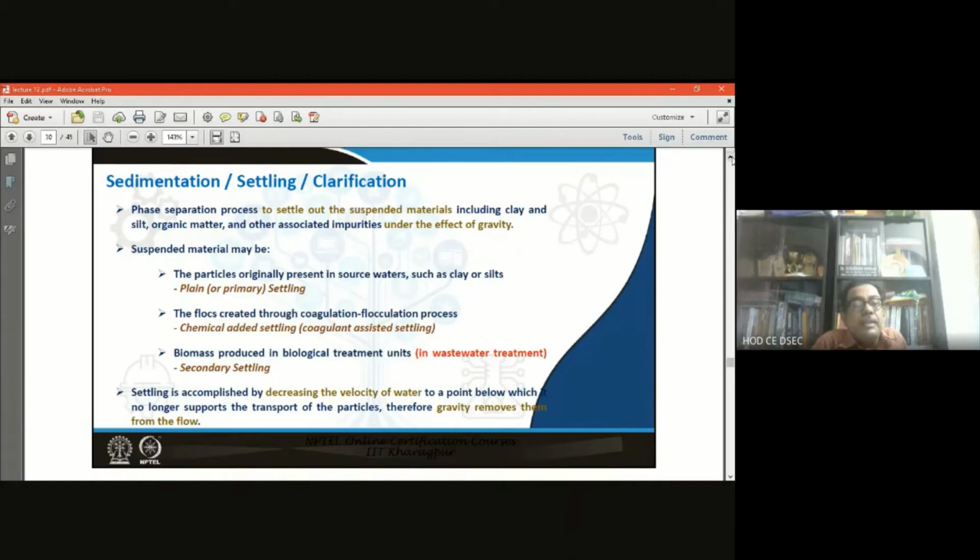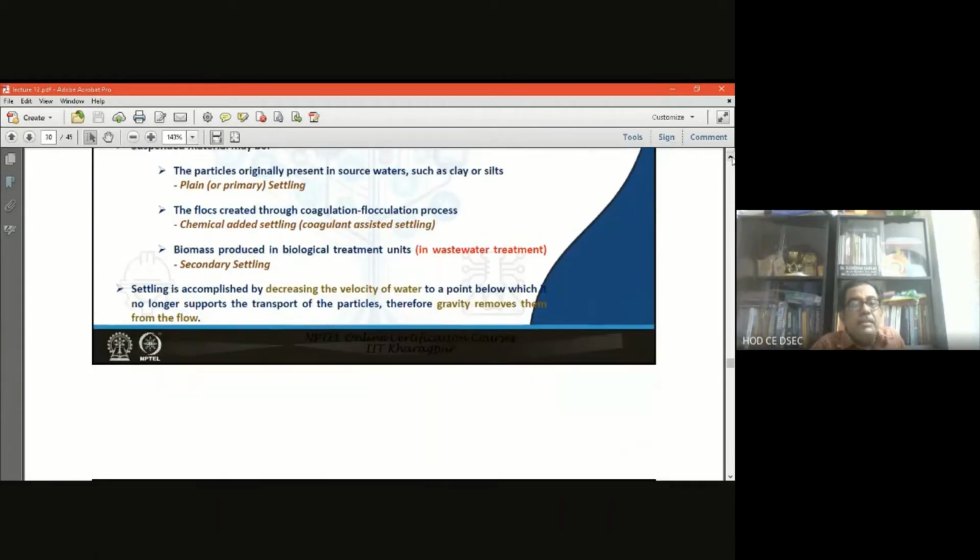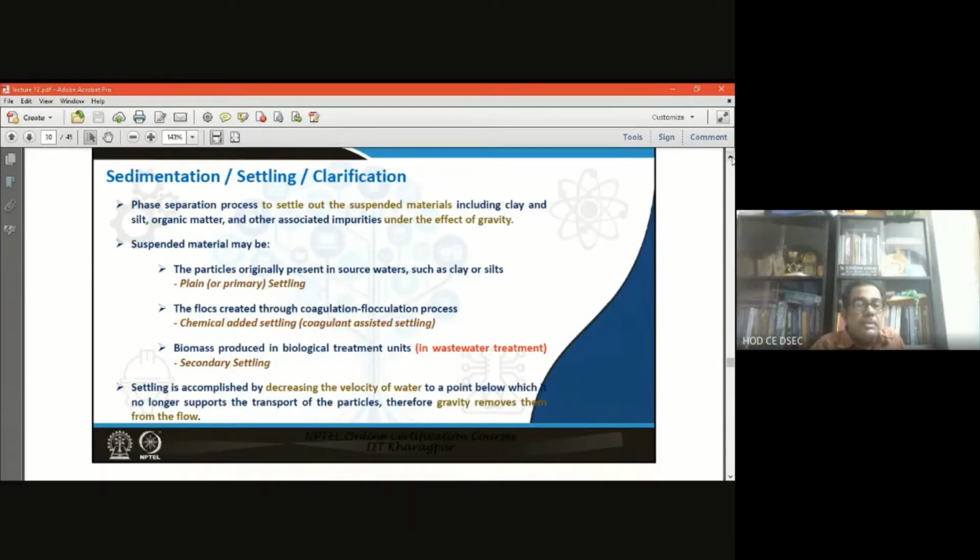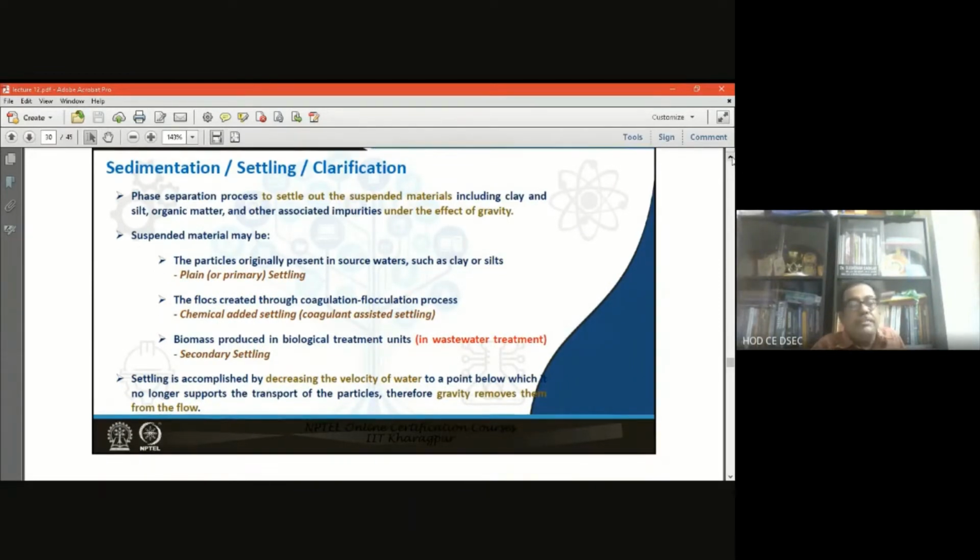The suspended materials may be the particles originally present in the source water, like clay and silt, or in terms of floc through the coagulation flocculation process, or maybe biomass settling in the biological reactor. So settling may be done not only in the sedimentation process in the primary process, but in the secondary process also, in biological treatment, where you will see the sludge, that is the biomass, is settled.